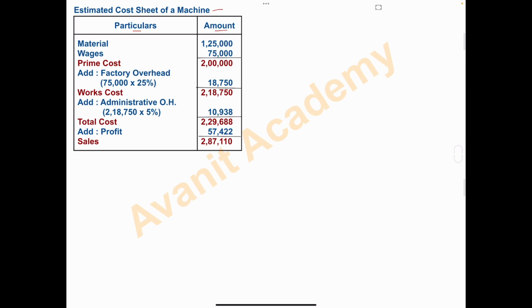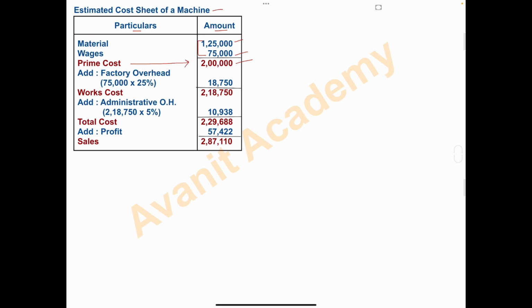For a machine, material cost will be 1,25,000 and the wages will be 75,000. See the paragraph. The material cost will be 1,25,000 and wages 75,000. Add these two amounts: 1,25,000 plus 75,000. Total will be 2 lakh. This is called prime cost.